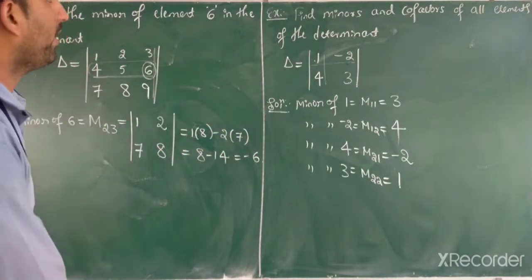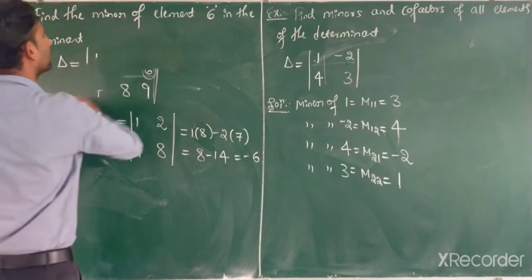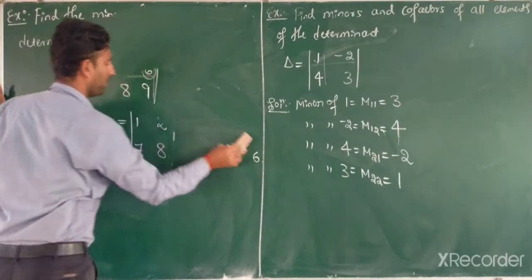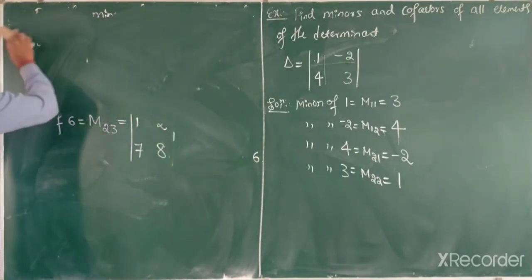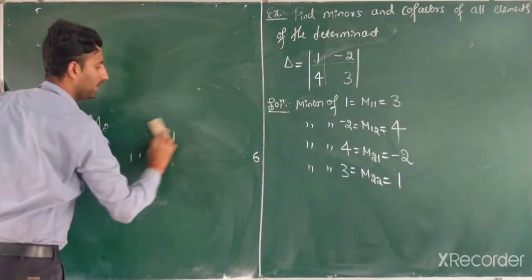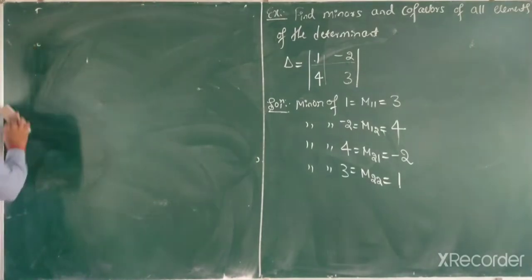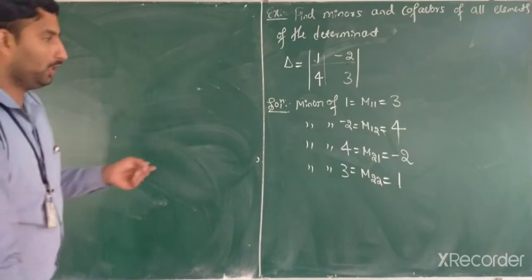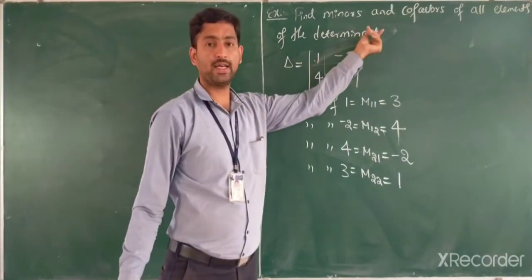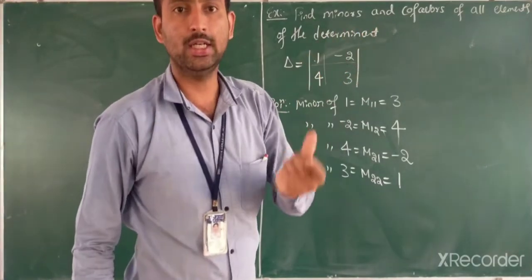Then what about the cofactors? Now our job is to find the cofactors with the help of signs, whether the place is positive or negative. What is the cofactor? Cofactor is nothing but minor with suitable sign.